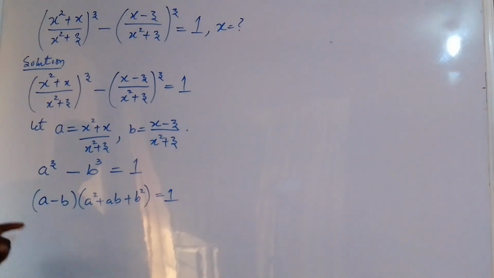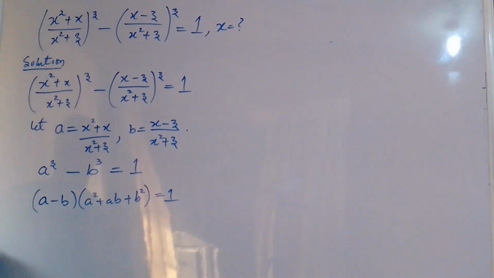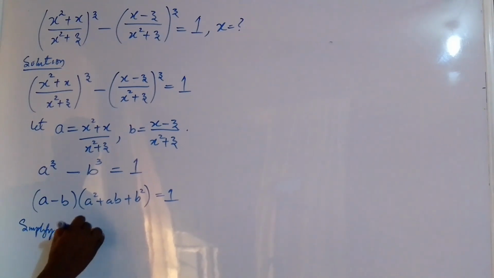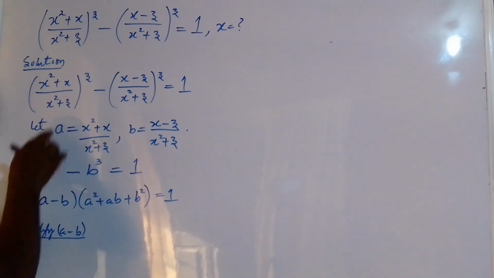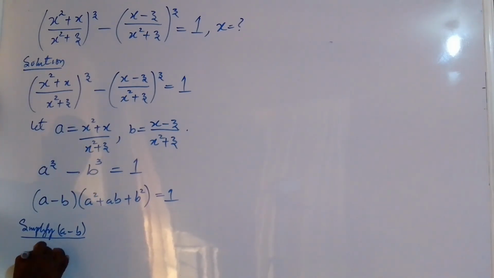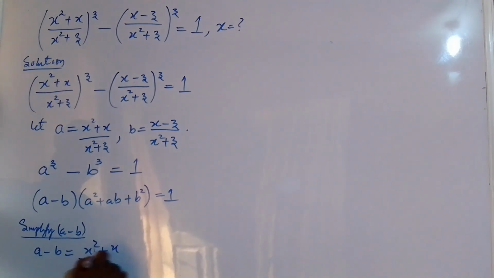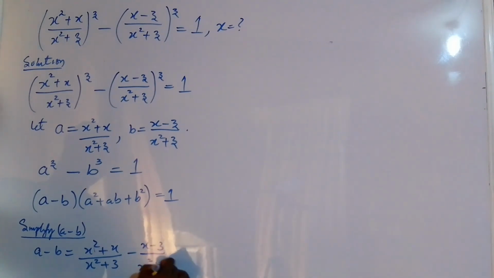So the goal here will now be to solve for a minus b. So we simplify a minus b. Once we deal with a minus b, of course, a minus b will be equal to (x squared plus x) all over (x squared plus 3) minus (x minus 3) all over (x squared plus 3).